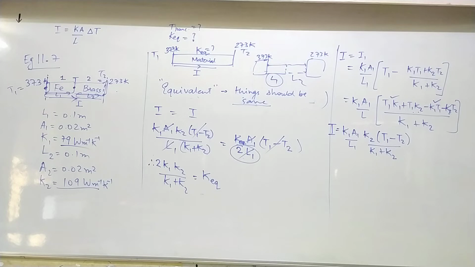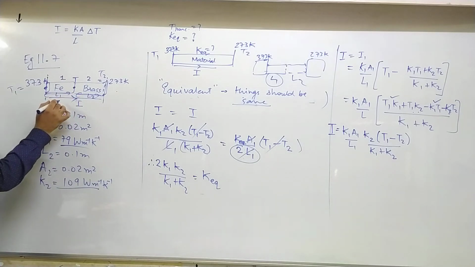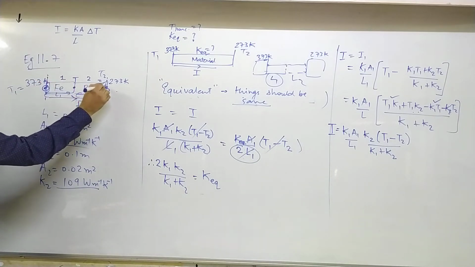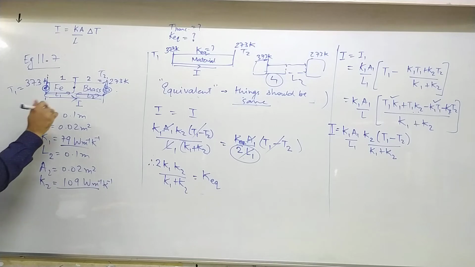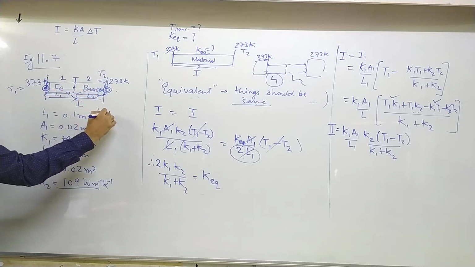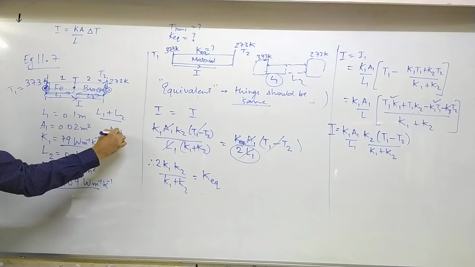Any more questions, anyone? Area should not be twice, my friend. Raj, why should area be twice? When you put these two in series, to go from here to here you have to add the lengths, but you don't have to add the areas.